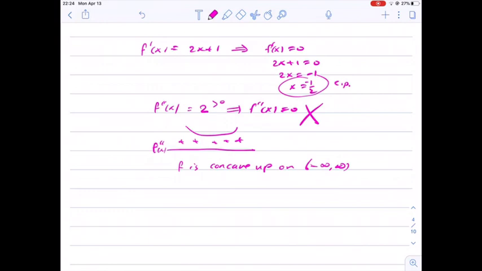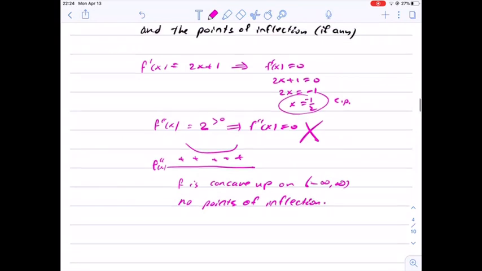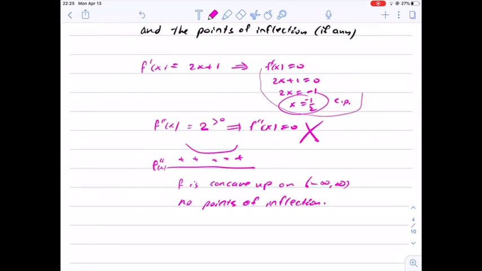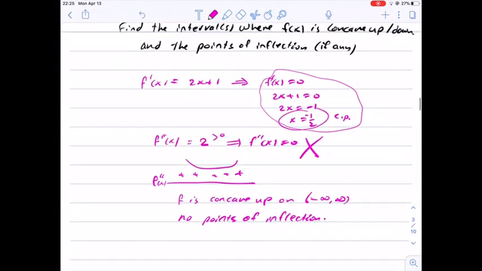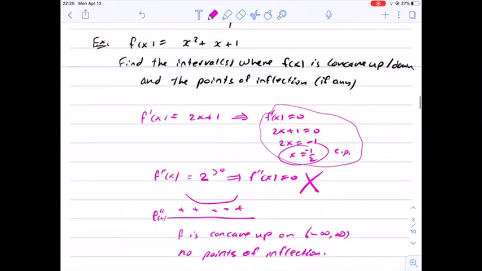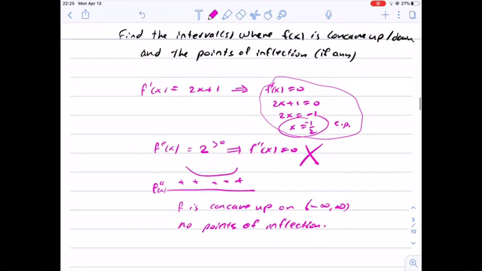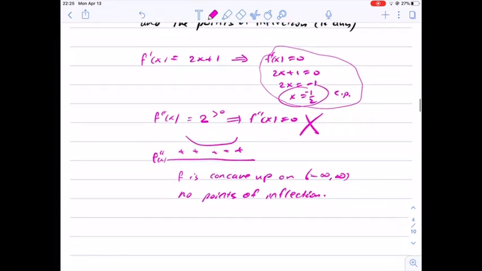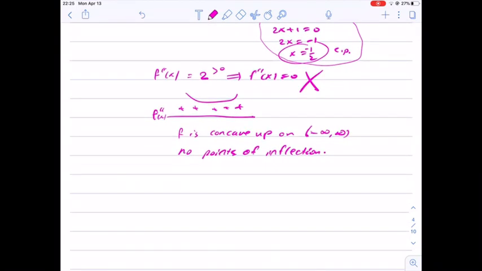And is there any inflection points? No, because the function does not change its concavity. There are no points of inflection. And as I mentioned, you don't need to find the critical points here, because you don't want to find the intervals of increase or decrease.